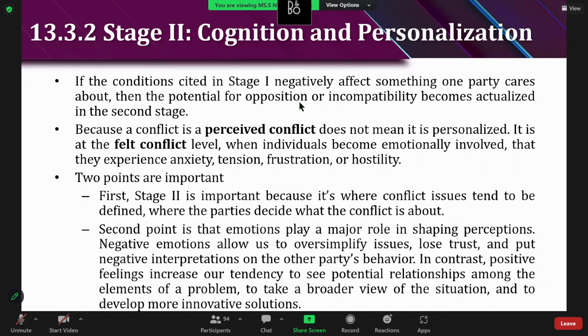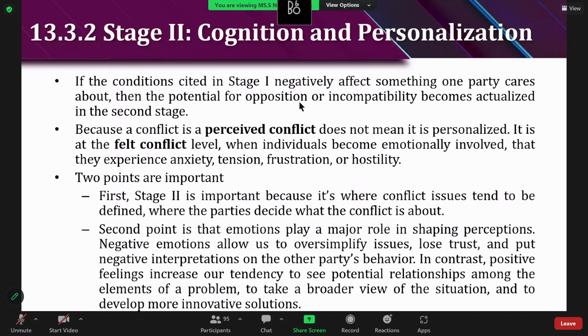Negative emotion allows us to oversimplify the issues, lose trust, and put negative interpretations on the other party's behavior. In contrast, positive emotion increases our tendency to see the potential relationships among the elements of the problem and to take a broader view of the situation. As a result, we will try to develop innovative solutions to solve this conflict.